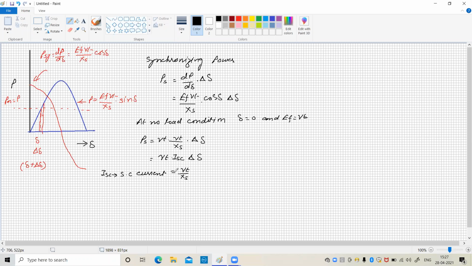So from this equation, it is quite clear that the synchronizing power is transient in nature.